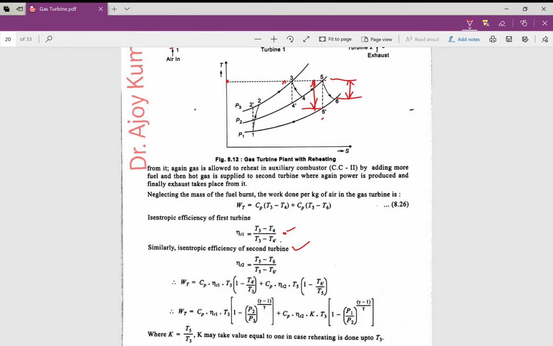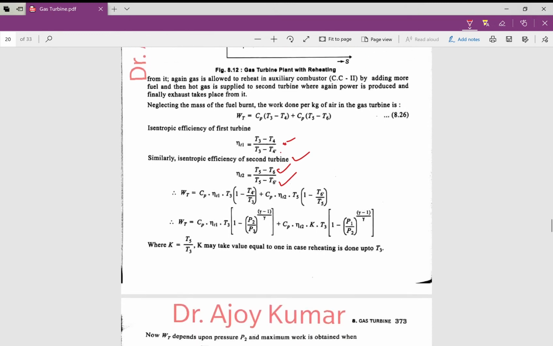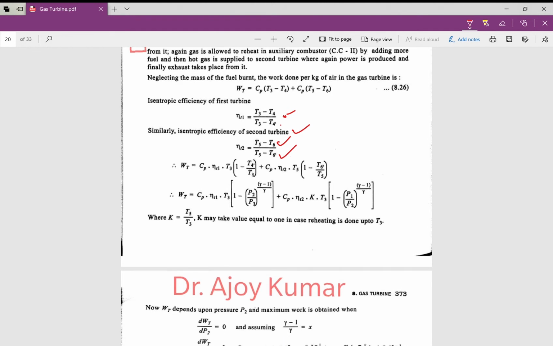So in the numerator we write this value, and this value in the denominator. So we write T5 minus T6 divided by T5 minus T6 dash. So we can now write the turbine work. This turbine work is written like this.